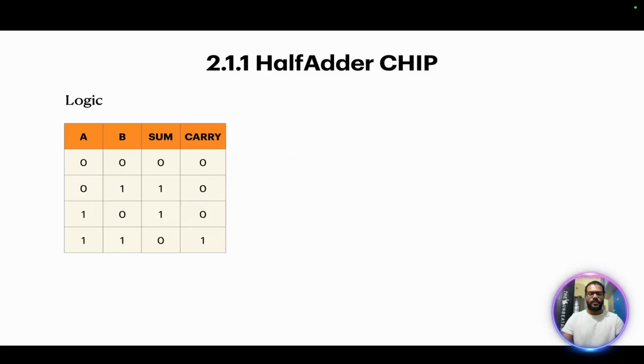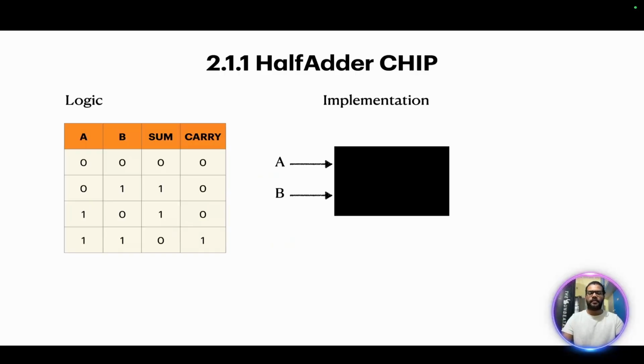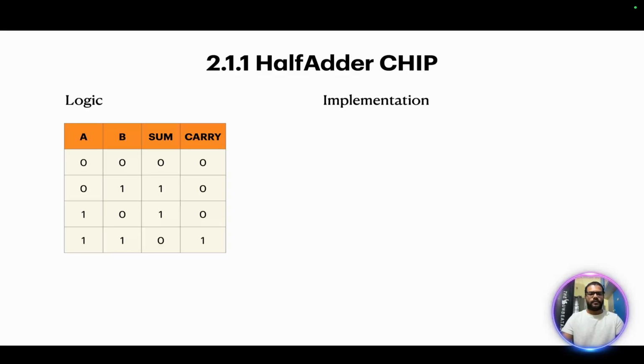So our job is to build a gate such that it takes the inputs A and B and returns sum and carry. How do we implement this black box? What logic gets us the intended result? Let's see.